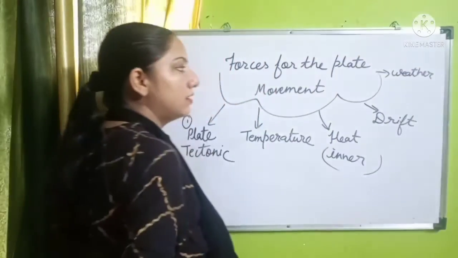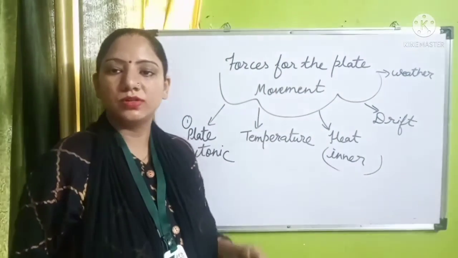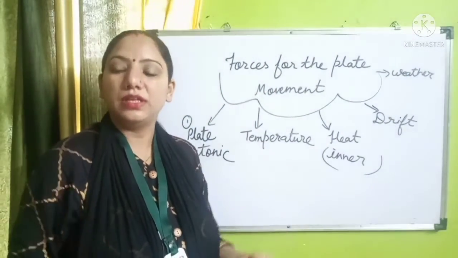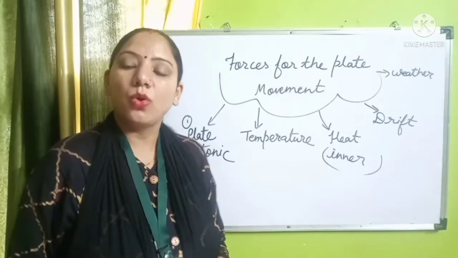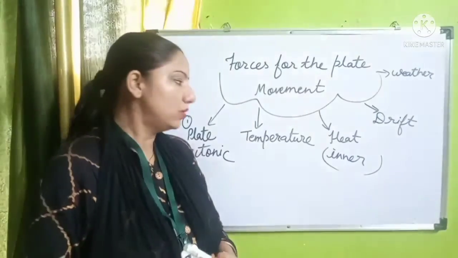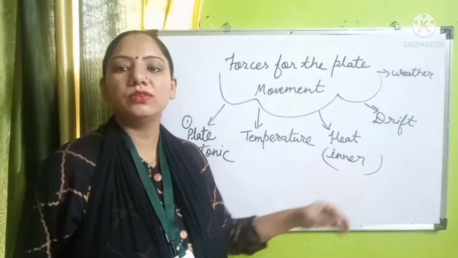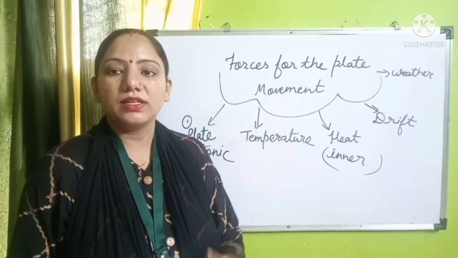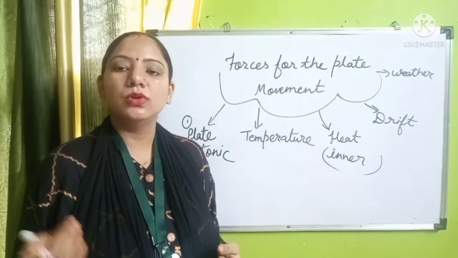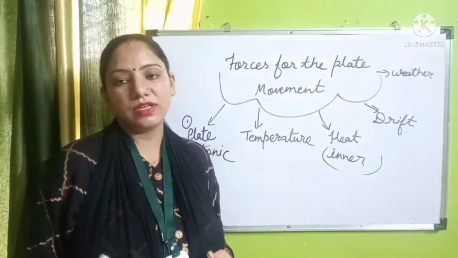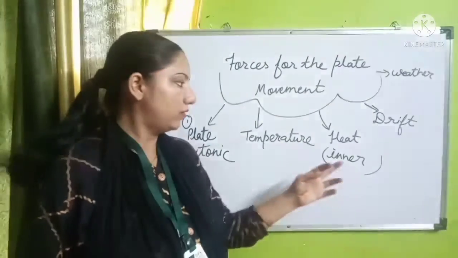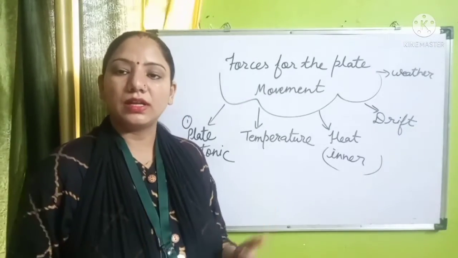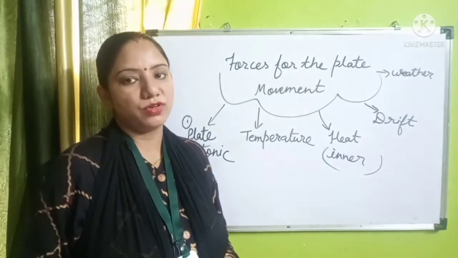In the weather, we can include the rain, the heat and the cold. How? Due to the heat, the metal of which the earth is formed gets spread due to its characteristics, through which the plates also get a kind of force for their movement.